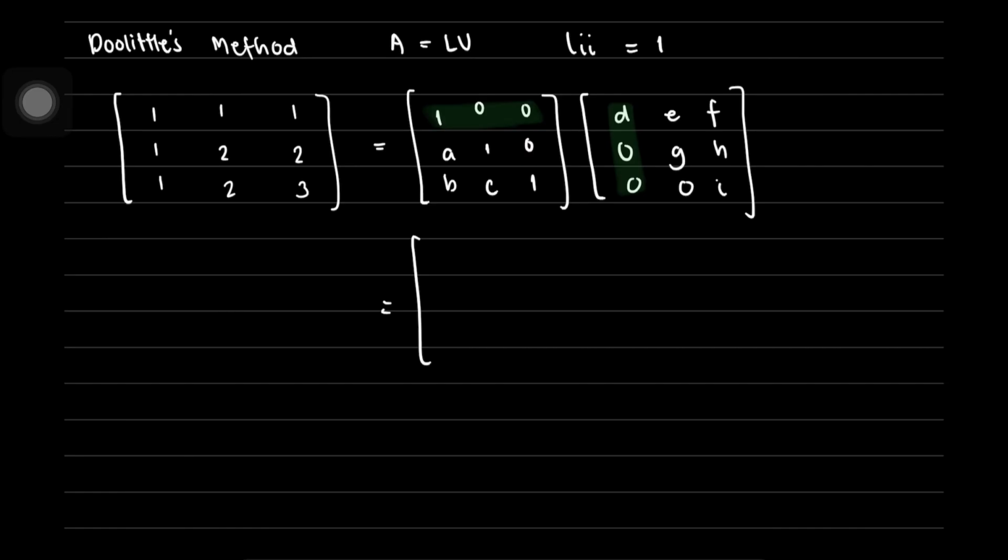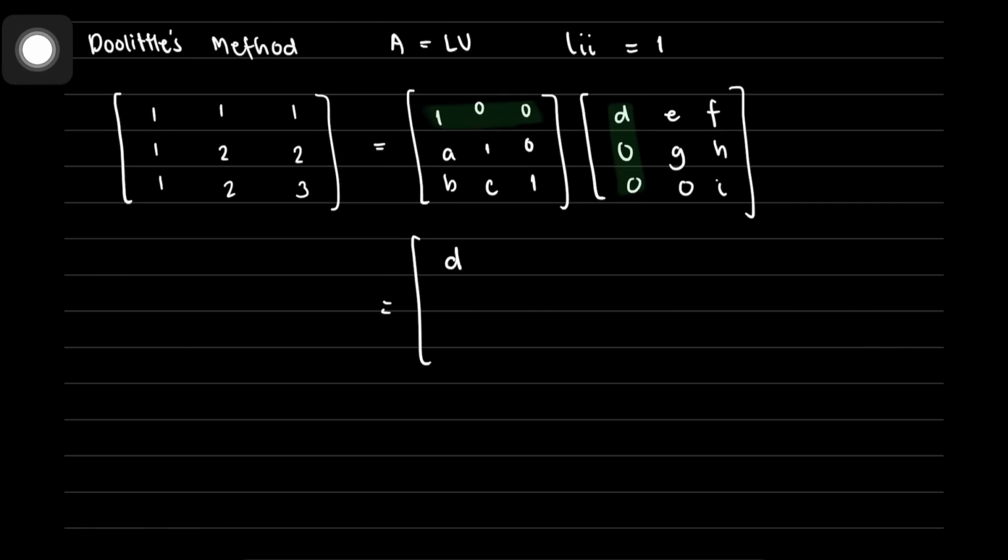So that would be D times 1, which is equal to D. 0 times 0 is 0, and 0 times 0 is 0 as well.